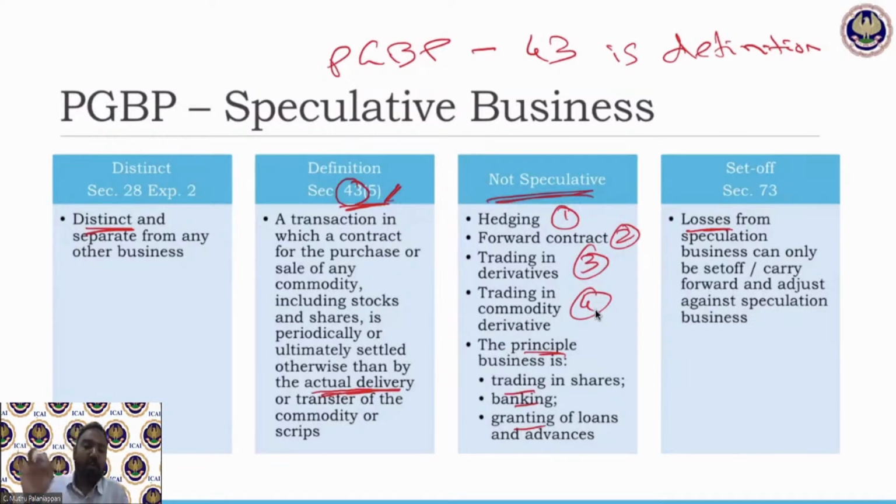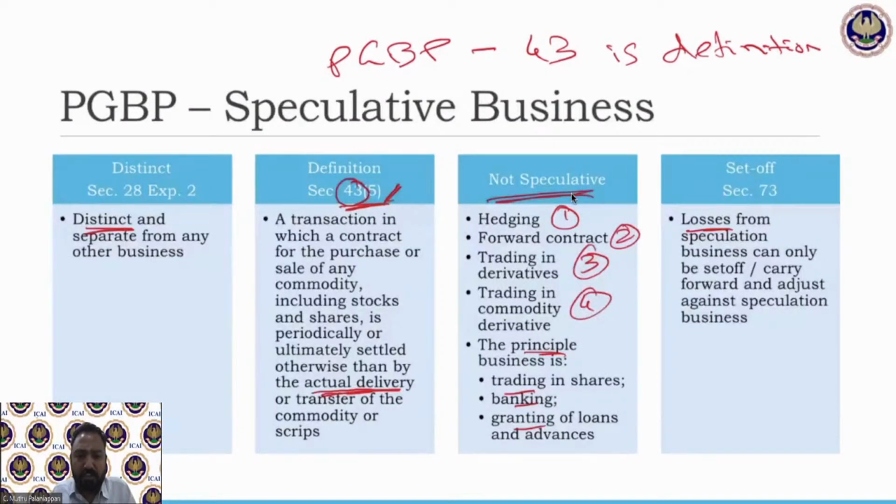So let's not go into this because it becomes an indirect tax topic. So for income tax purpose, please understand any duty which is given back to you for the purpose of export will basically be called an income. It is an income under PGBP.